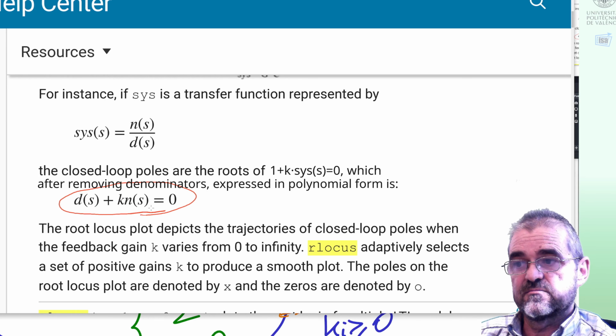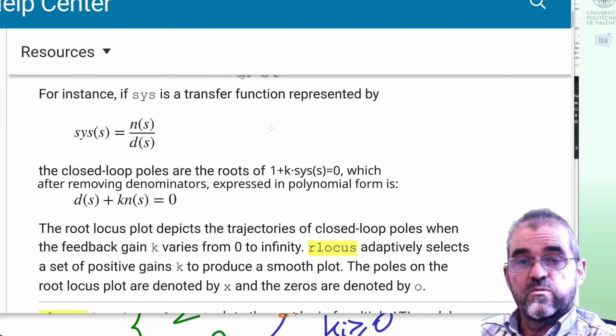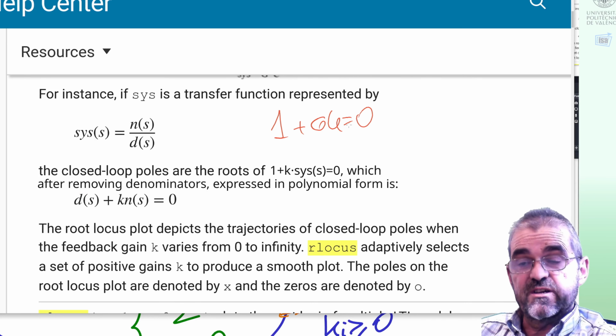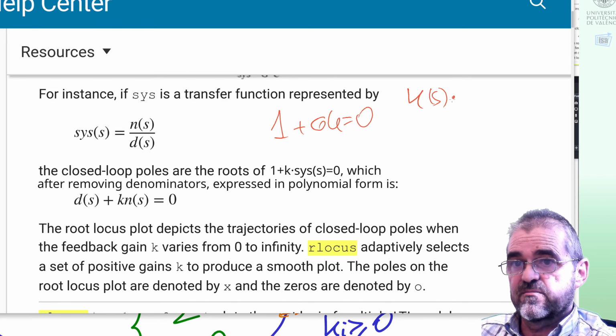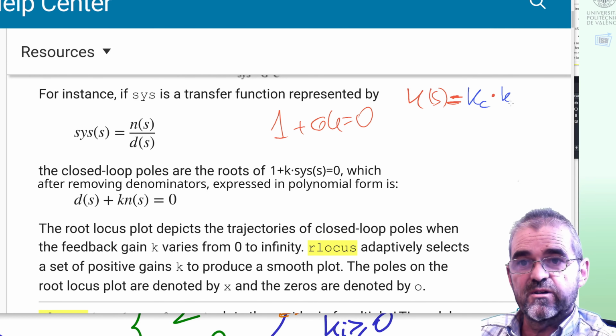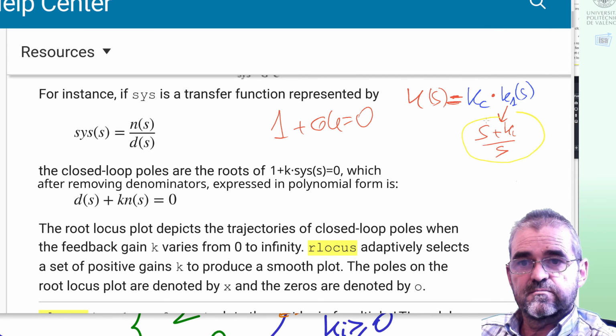on screen. In our control context, we are discussing 1 plus gk equals 0, and then we will express our controller k of s as my kc global gain times my unit gain, I call it k1 of s, which will be this thing.